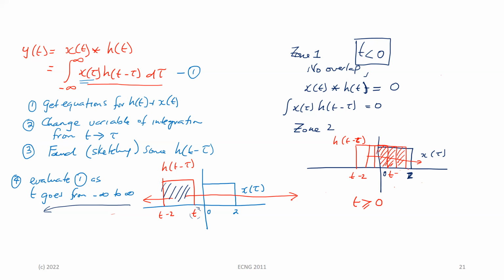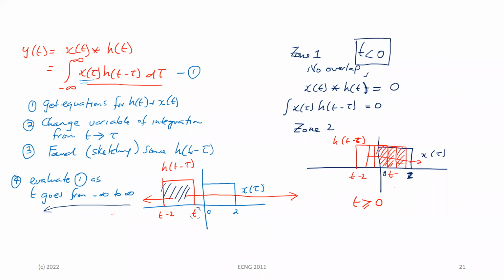Once t is greater than 0, we start to get an overlap, and the overlap is going to continue until the back end of the pulse, which is t minus 2, hits this point here.